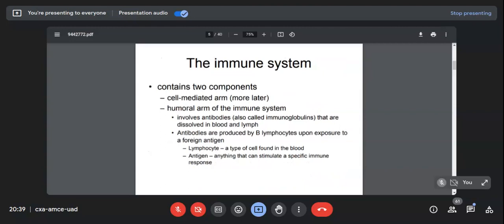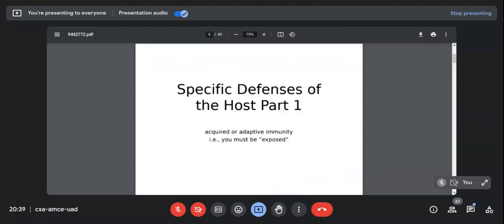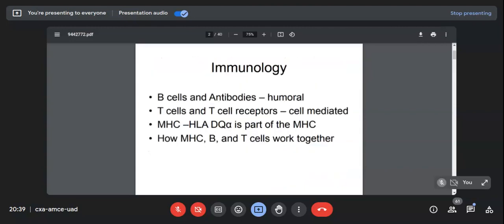Okay. Just to give you an overview of what we talked about. Today we said we're talking about adaptive immunity, and I gave a definition of adaptive immunity, and I said it's a second line of defense after innate immunity. With regards to adaptive immunity, it has many names.